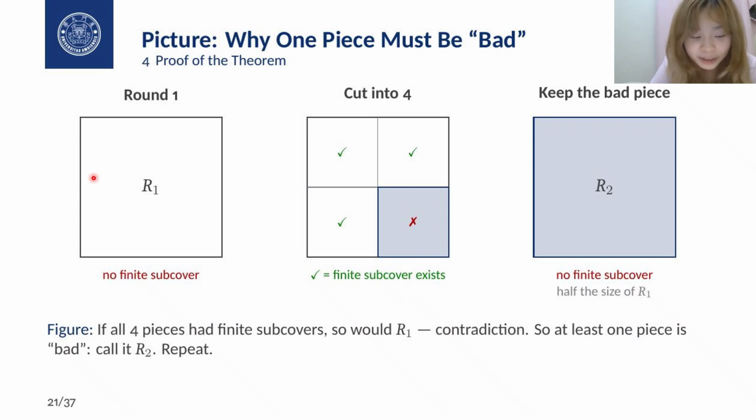We set R1 equal to R with diameter d1, and we cut R1 in half along every coordinate. That gives 2^n pieces. If every piece has a finite subcover, combining them gives a finite subcover of R1, which is a contradiction. So at least one piece has no finite subcover, and we call it R2.